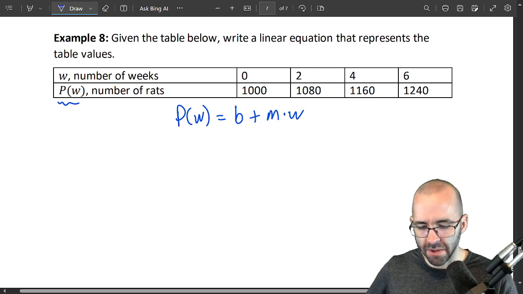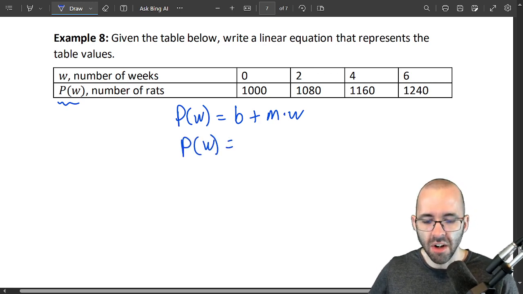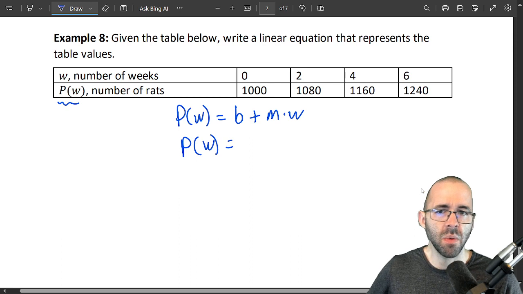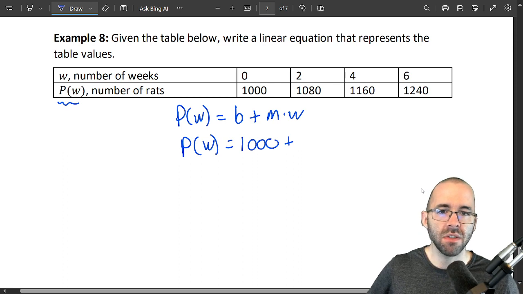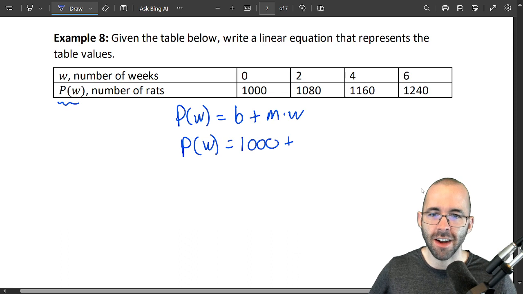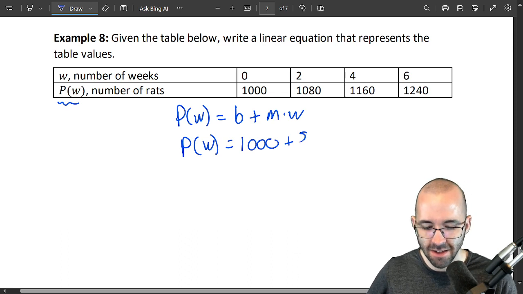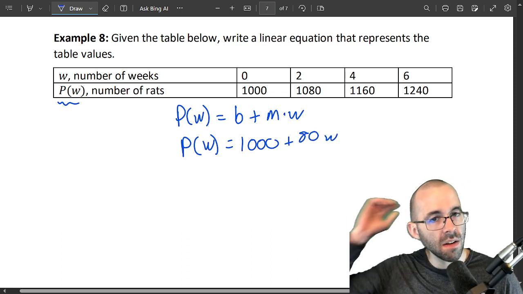Well, what's our starting value? Starting value is when the input is 0, or the y-intercept. That's going to be 1,000. And then m is just our slope. Be very careful. I'm going to write down the wrong answer. Think about why it's wrong.